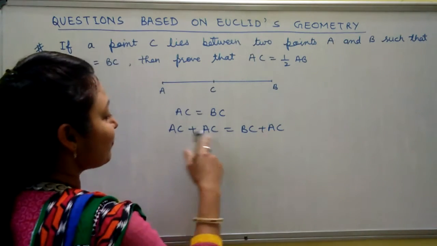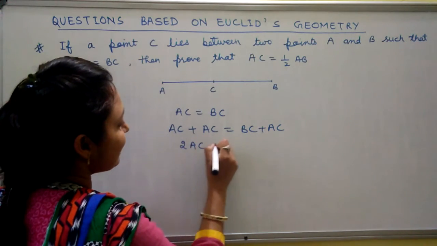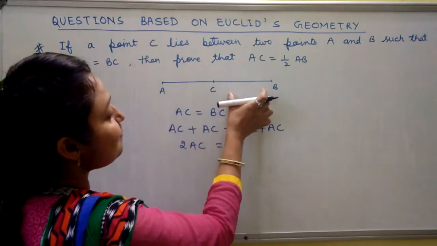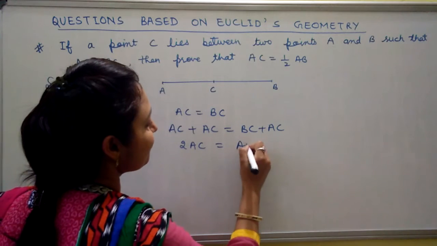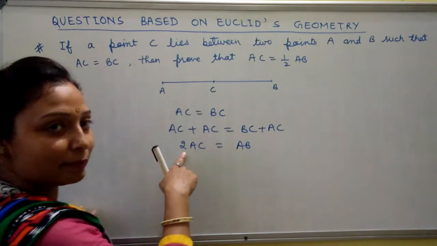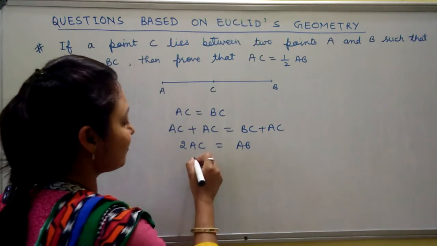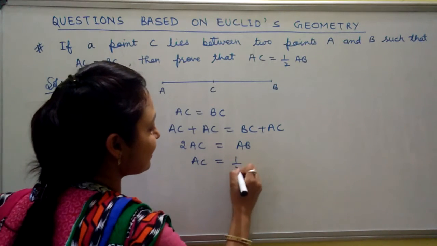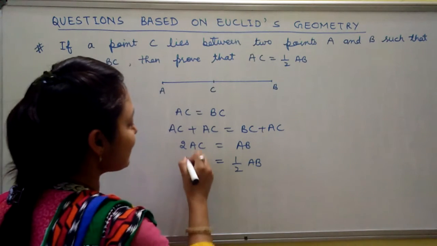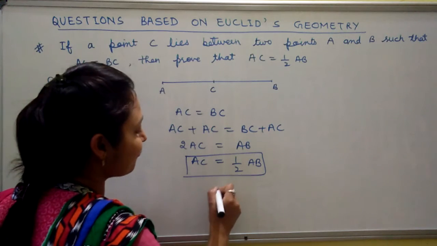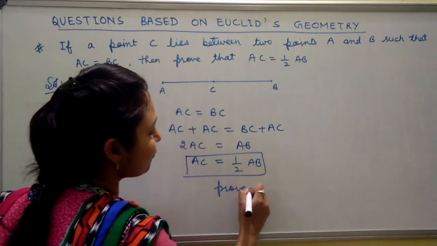When we add these two, it makes AC plus BC, that is AB. Then it comes into the division: when I take it on the right hand side, it is half of AB. So this is what we had to prove. This is proved.